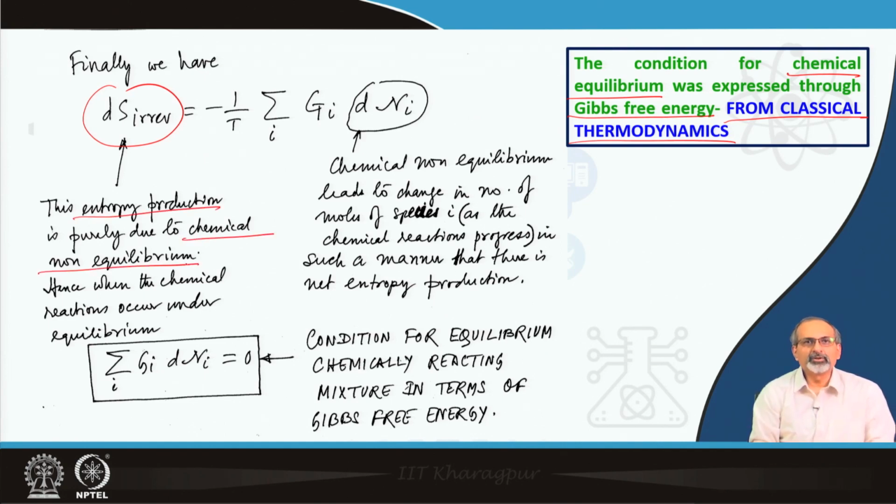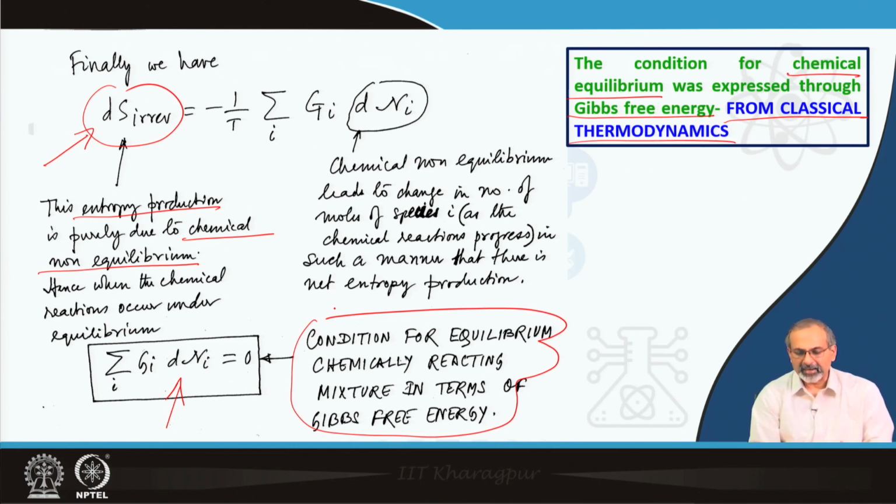Then we argued that when chemical equilibrium exists, the entropy generation due to irreversibilities induced by non-equilibrium has to uniquely go to 0. Thereby, we ended up getting a condition for an equilibrium chemically reacting gas mixture in terms of the Gibbs free energy, which figures over here in the expression.